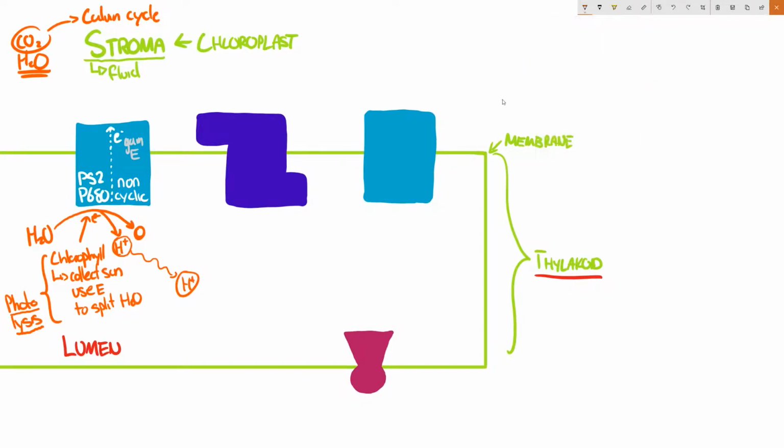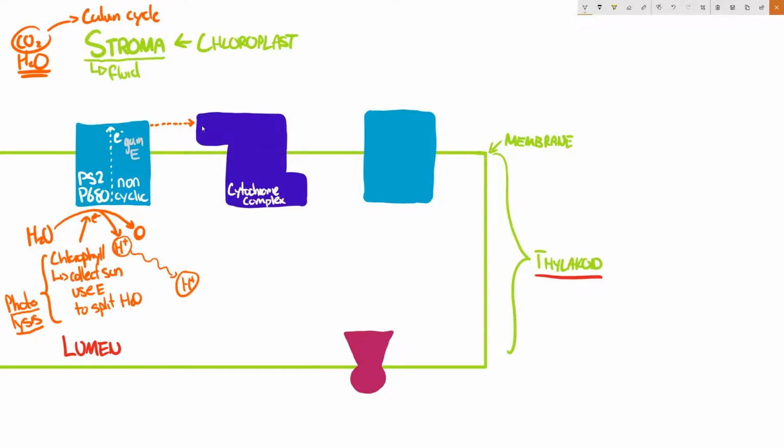Once they gain energy, they're going to get transferred to the next structure. So this is our cytochrome complex. Remember, these are all embedded in the thylakoid membrane.